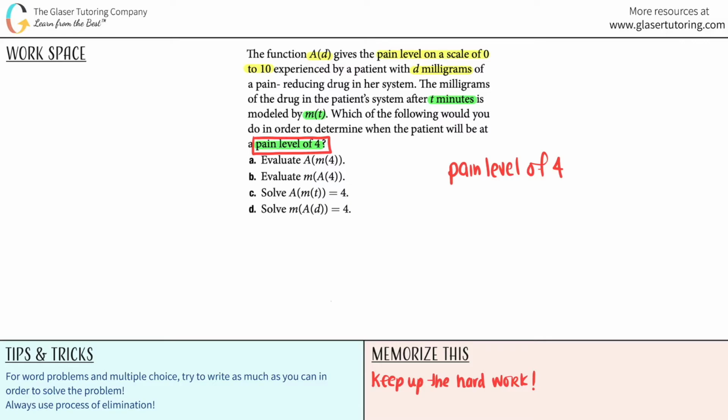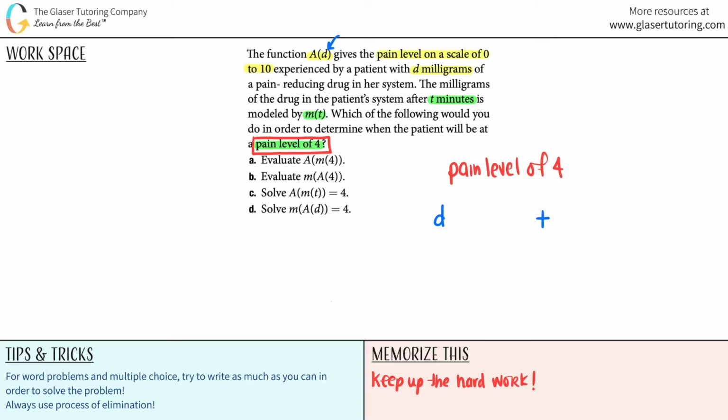The two functions they gave me were capital A of D, the A function, and the M function. They gave me D to use for the A function, and they gave me a T for the M function. Let's see if this 4 works for either a D or a T.